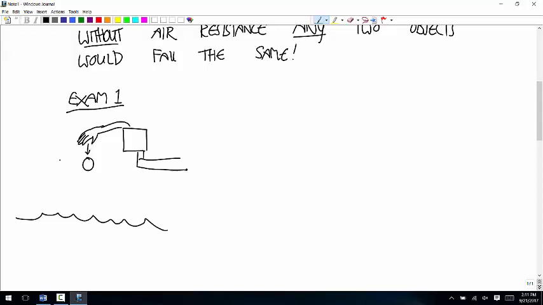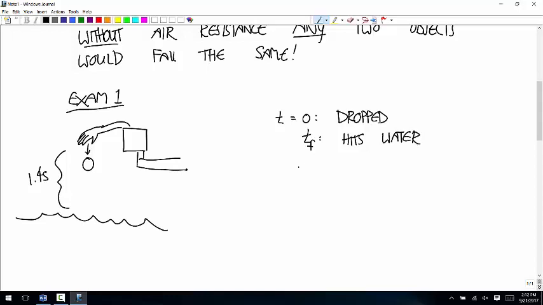It takes 1.4 seconds, and we want to know how high the bridge is. So time equals 0 is when it's dropped. Time final is when it hits the water. Position equals 0 is the water. And the positive direction is up.